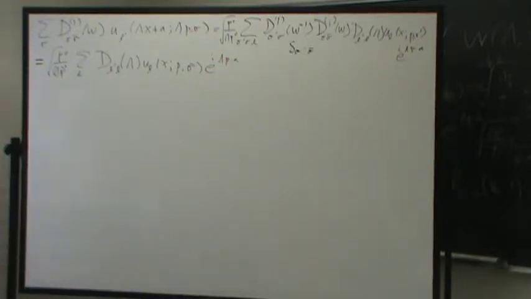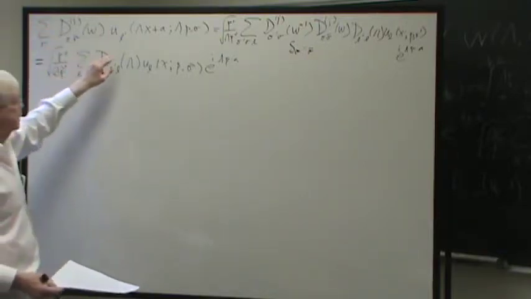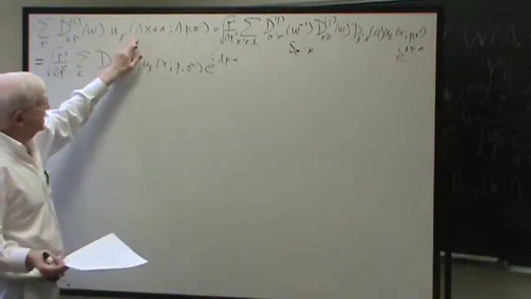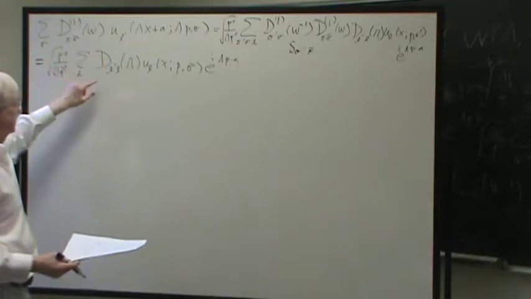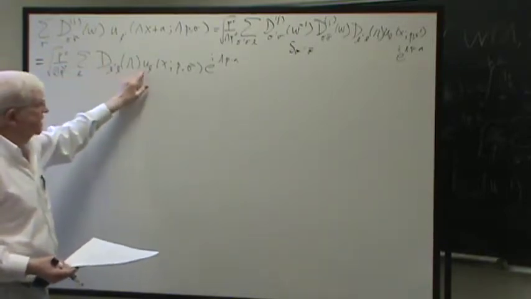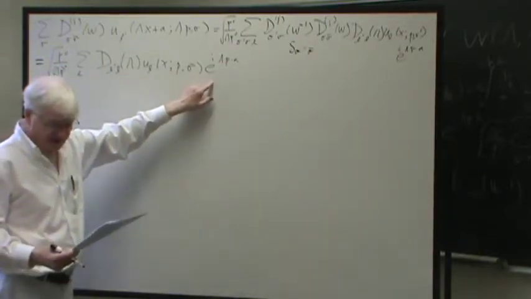Okay, so that's a very nice expression. That says that the rotation matrix on the Poincaré transform spinor should be a factor times the Lorentz matrix on the ordinary spinor times a phase factor.